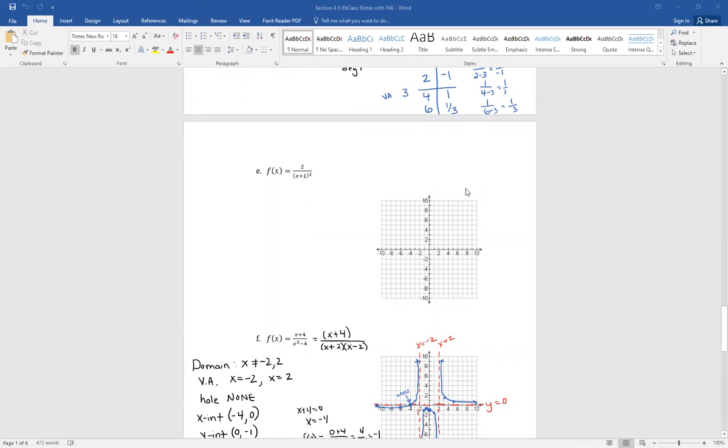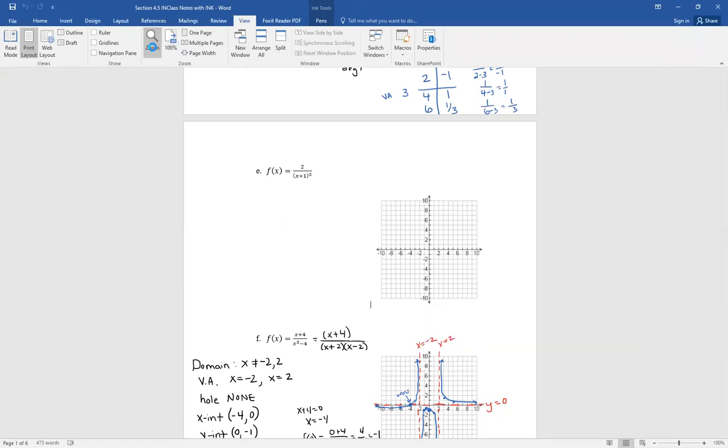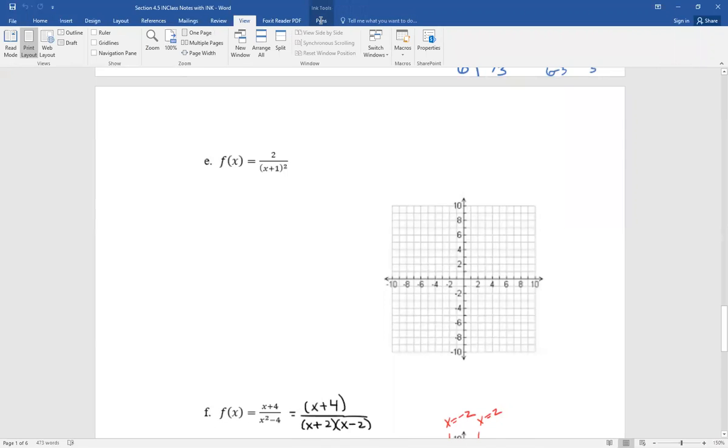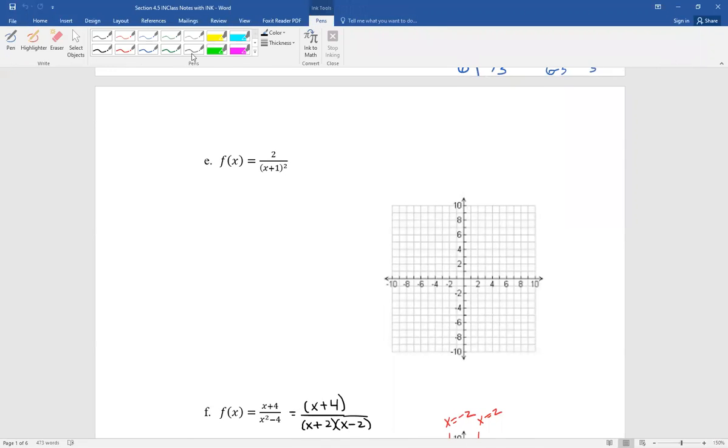So this is example E, f of x equals 2 over (x plus 1) squared. And we need to write everything that we need to know, just like when we've done any of these. So I'm going to make this a little bigger so I can write a little clearer. There we go. So starting with this example, I need to know the domain of the function.